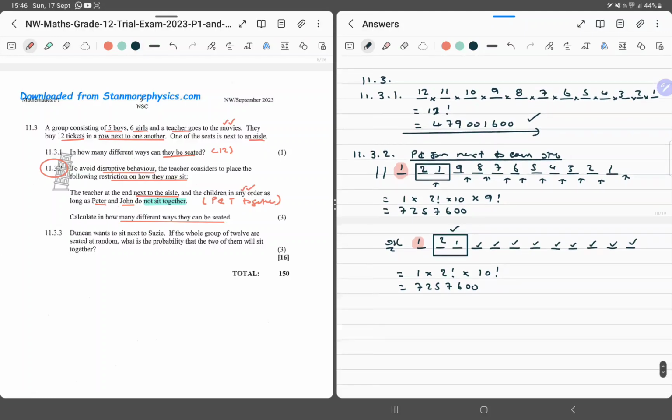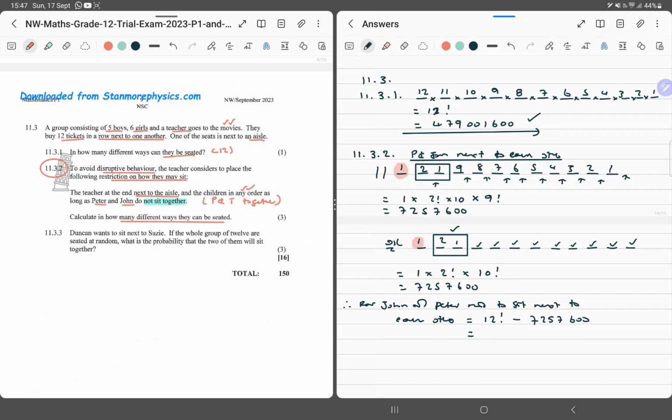So now if John and Peter are not to sit next to each other, it should be equal to the 12 factorial, which is the random sitting, minus the sitting of them next to each other, which is 7,257,600.